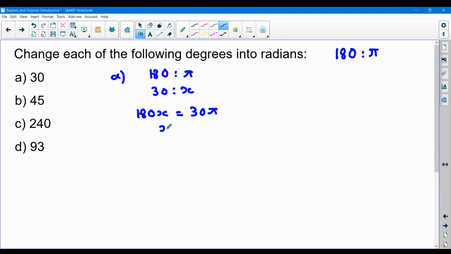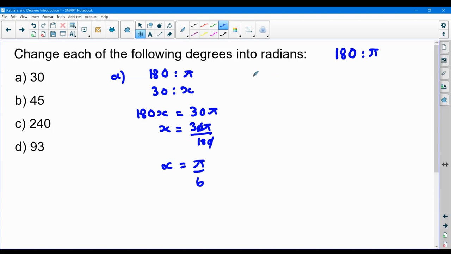So I want to know what x is, so I'm going to divide both sides by 180. I can do this one in my head, I don't need my calculator. 3 divided by 18 is 6, so x is pi divided by 6.